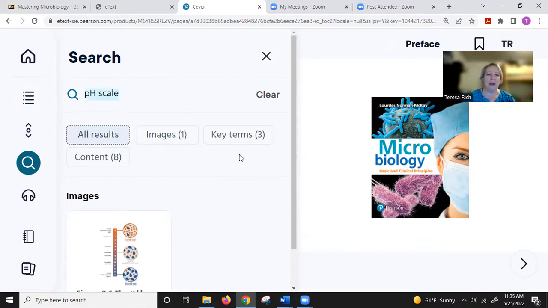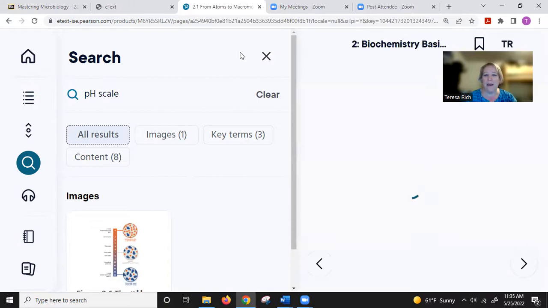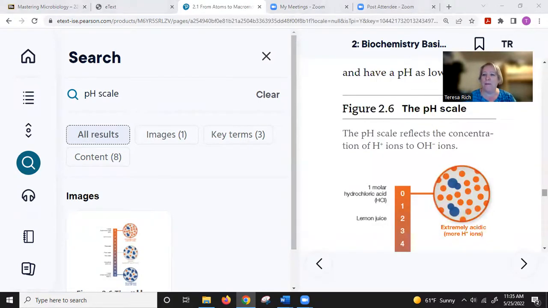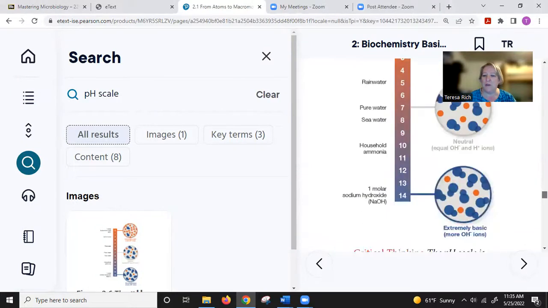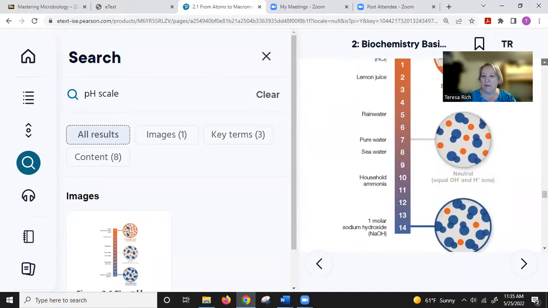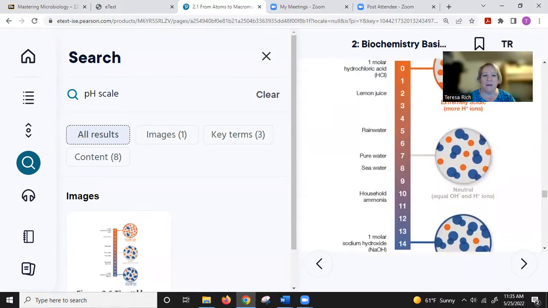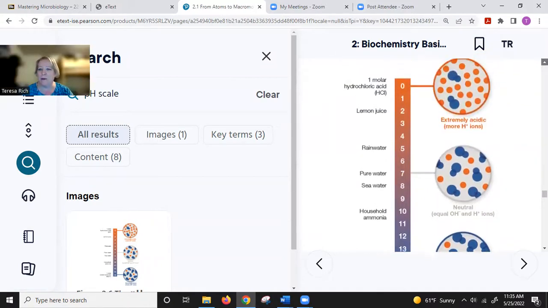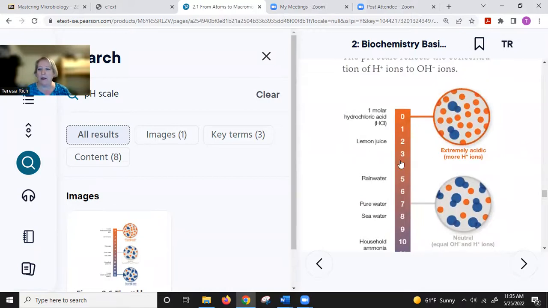Once I clicked on that, it brought me to an image. I click on that and it makes it nice and big here, and it shows the pH scale. So here we've got extremely acidic, with more hydrogen ions.